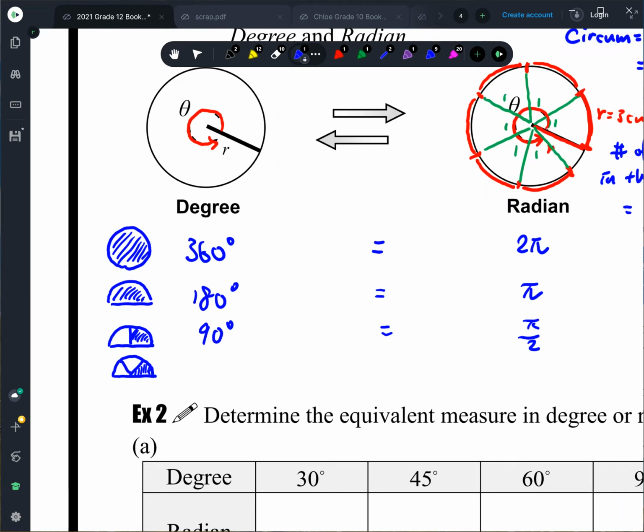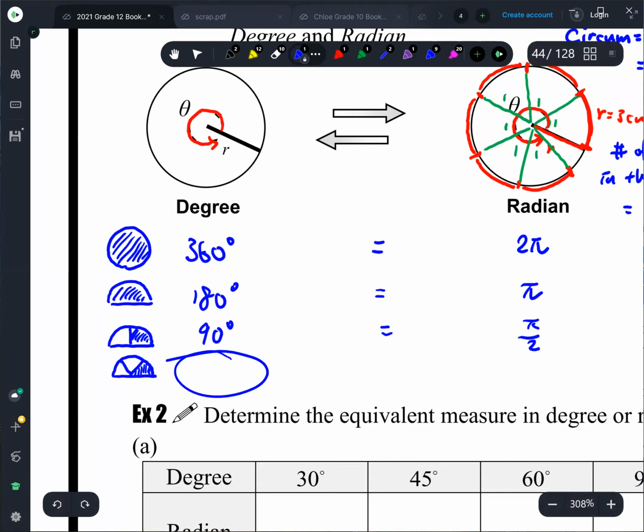I split the half circle into how many pieces? 3. Yeah. So how big is each piece? Half a circle is 180, you need to split into 3. Oh, 60. 60 each, right? Yeah. So you have 60 degree.